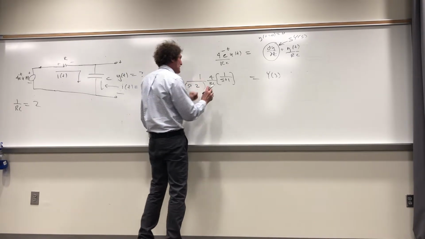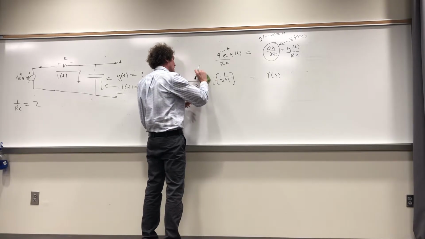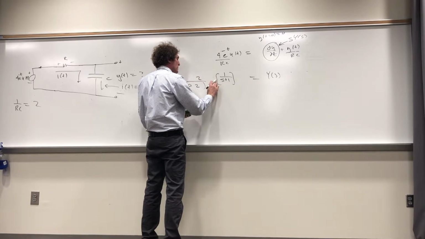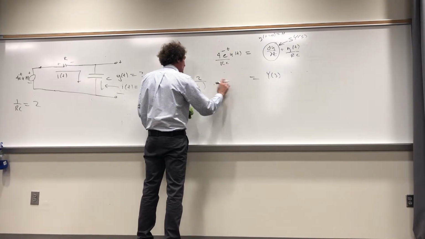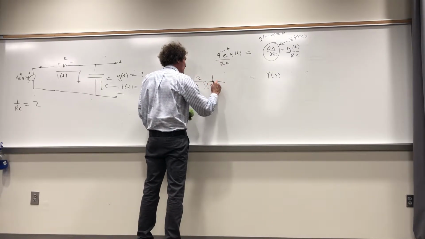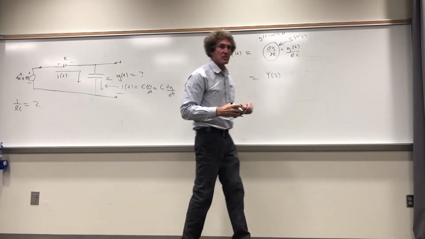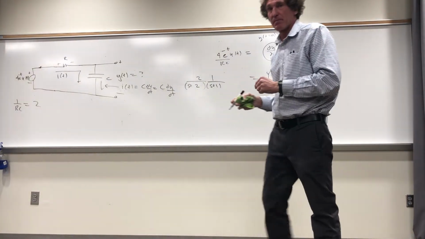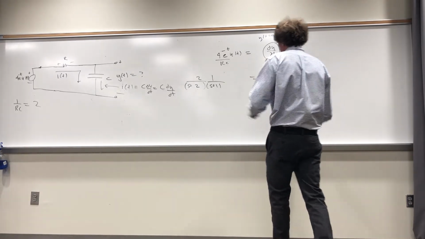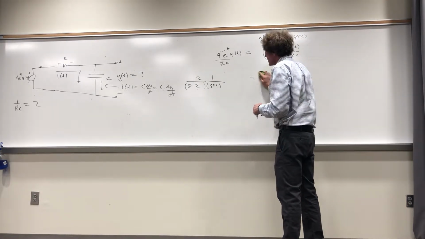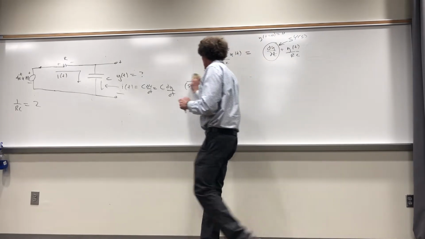Then the coefficient here is 2, right? This Y of s would be the solution to that one. Agreed? Now I go back and I say, that would be the solution when that's 2. And that's not a hard one to get the inverse of.